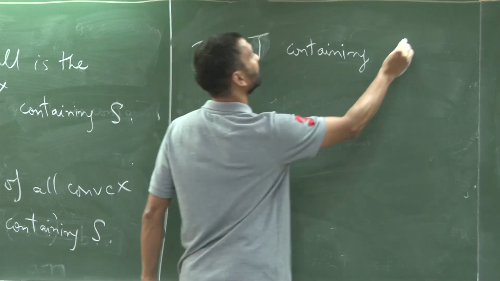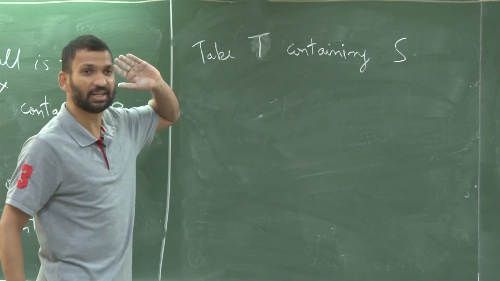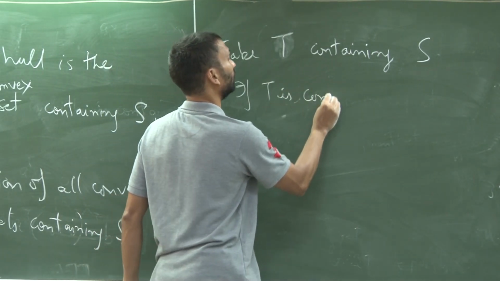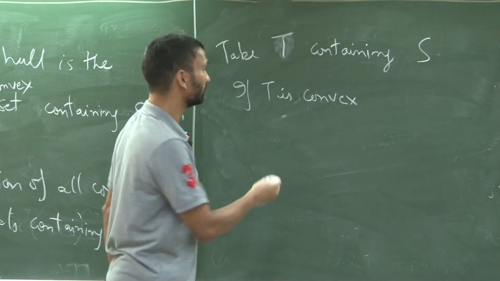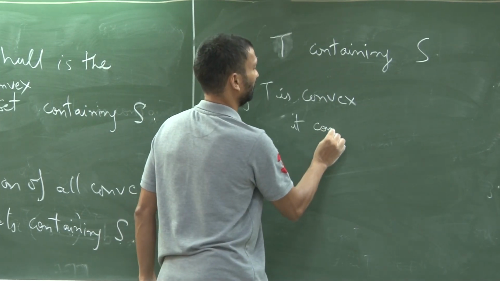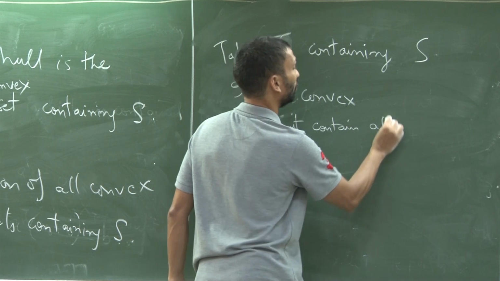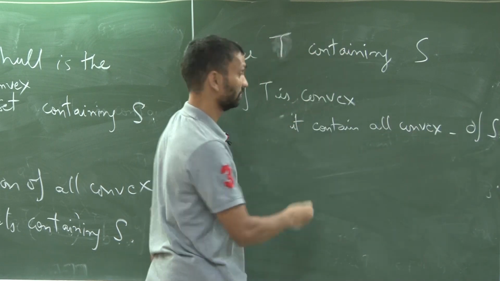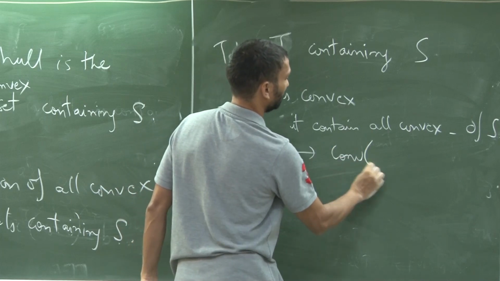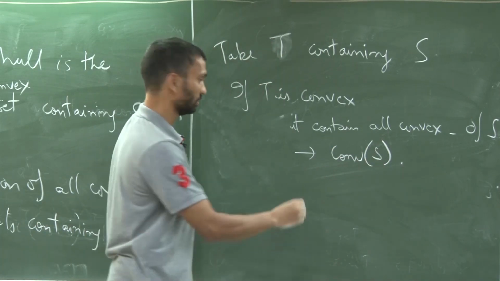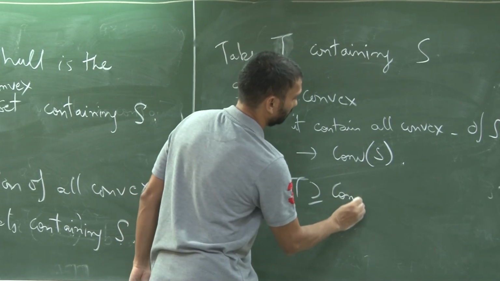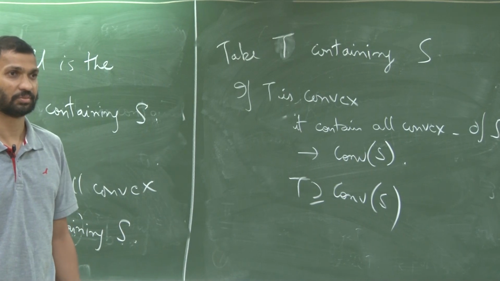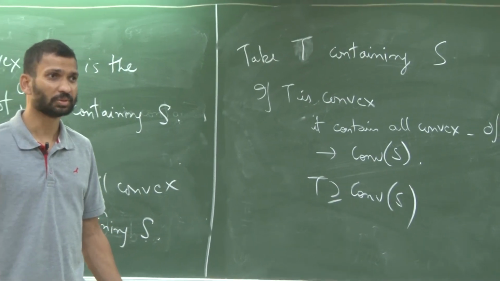Take T containing S. Take any set which contains S. Now, if T is convex, it contains all convex combinations of S. That means it contains the convex hull of S. That means T is bigger than the convex hull of S. Simple?